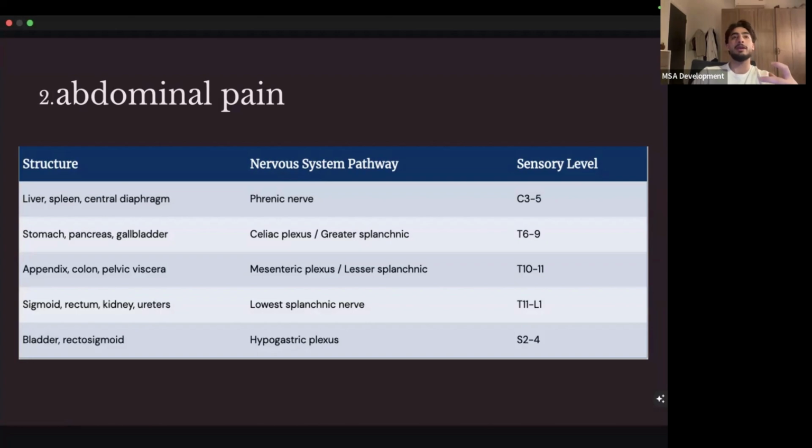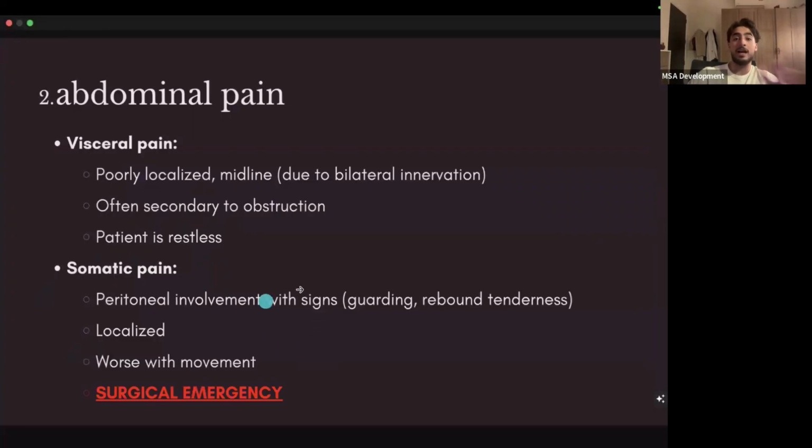Whereas if this pain were to go outside the lumen of the GI cavity, it's going to irritate these peritoneal fibers, and you're going to be able to more accurately localize the pain to one specific spot. This entire concept is extremely important to know in your physical examination when you're getting a case of acute abdomen, or somebody with acute pain, and you need to localize the pain and know what's happening in the background.